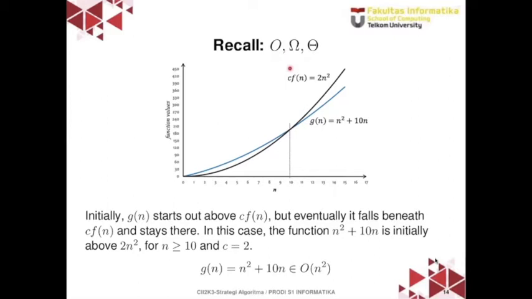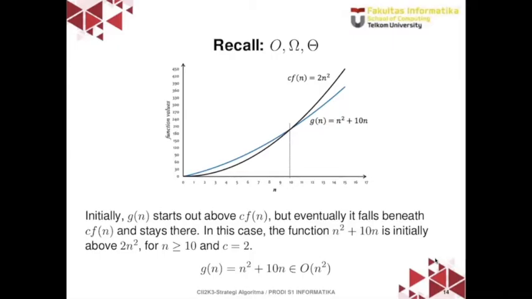We can see it like that, and theta is more like the average, something like that. But because we are more interested in searching for the worst case, big O is usually more common to use.